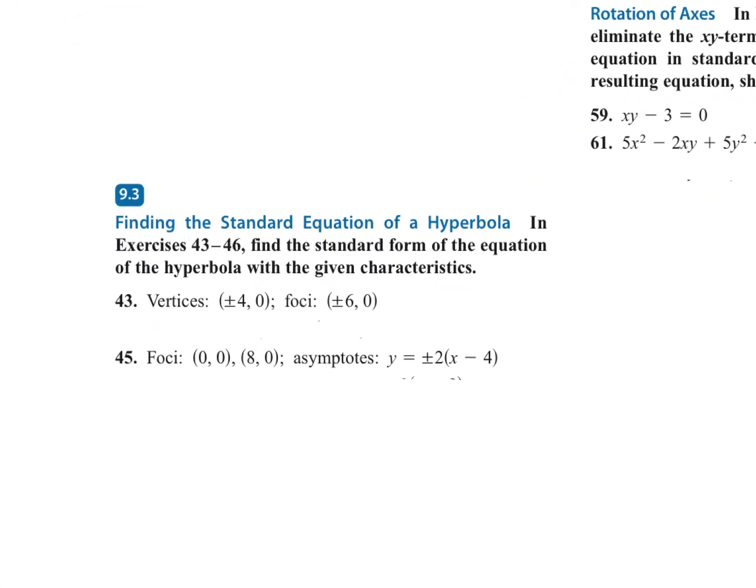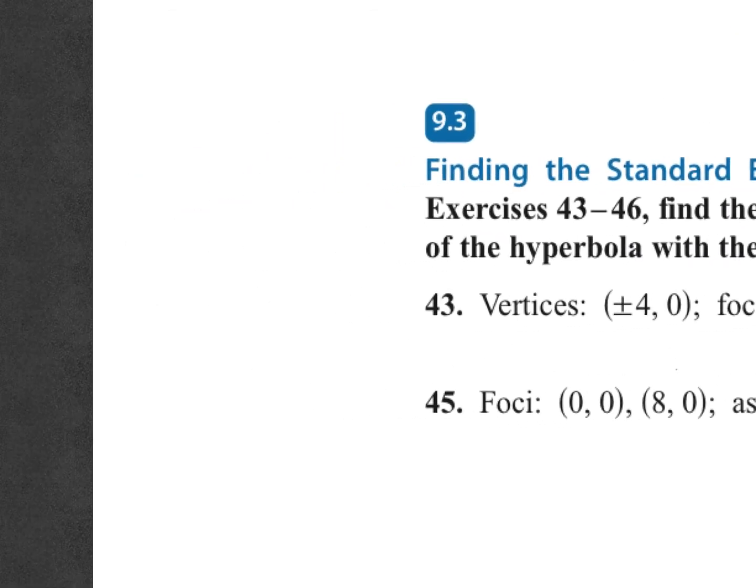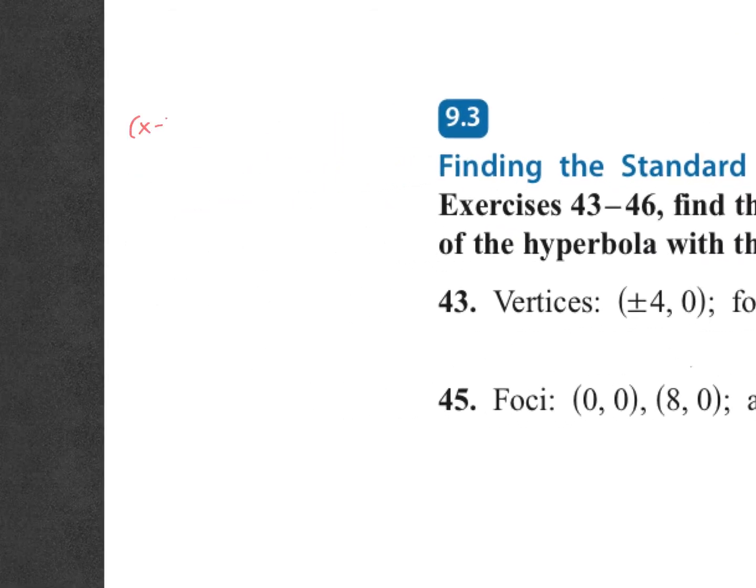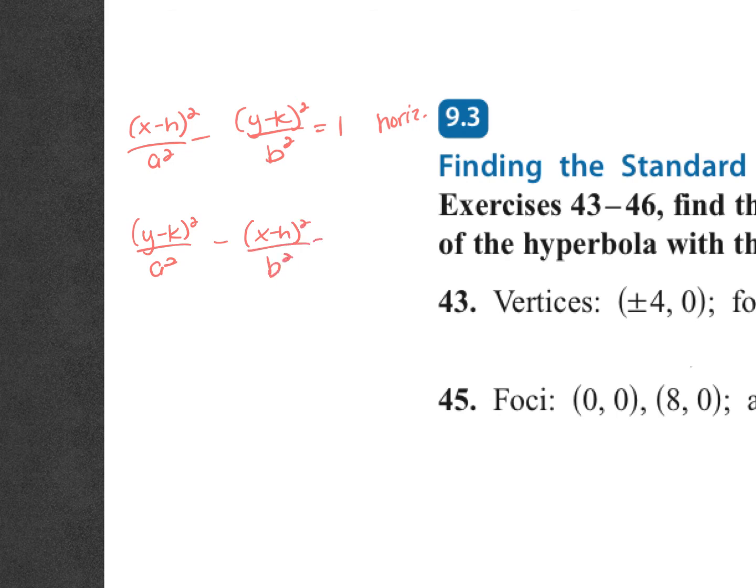Then came the hyperbolas. The two equations for hyperbolas: (x − h)² over a² minus (y − k)² over b² equals 1, and that's if it's horizontal. And then (y − k)² over a² minus (x − h)² over b² equals 1, and that's if it's vertical.